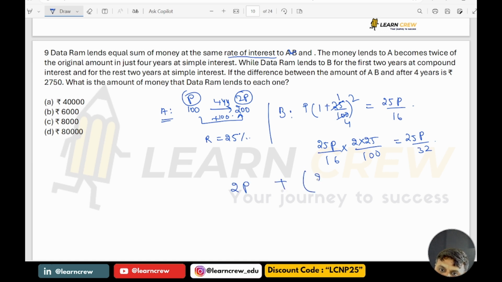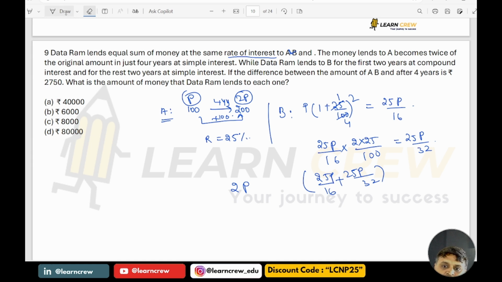Whereas here 25P by 16 plus 25P by 32. So what is asked here: the difference between the amounts of A and B after 4 years is given as 2750. So this is how much actually?